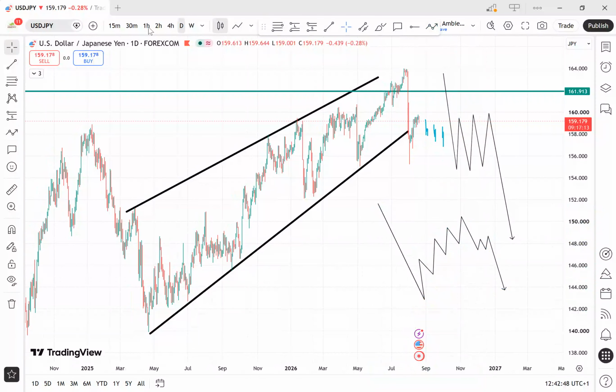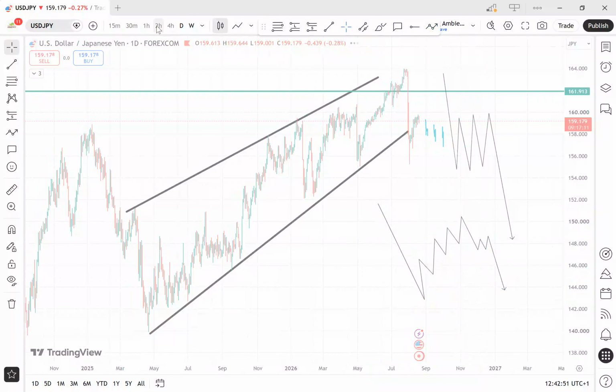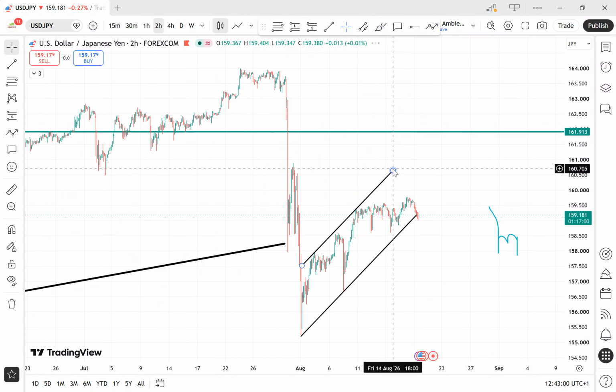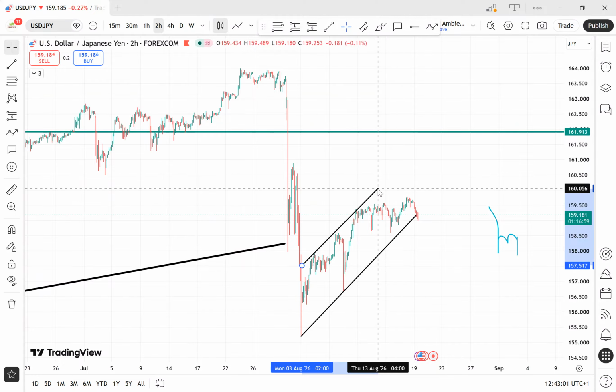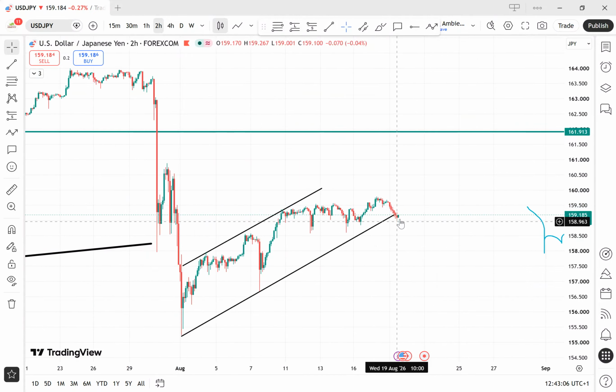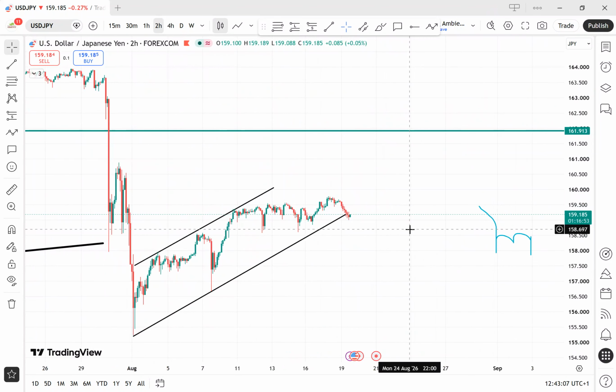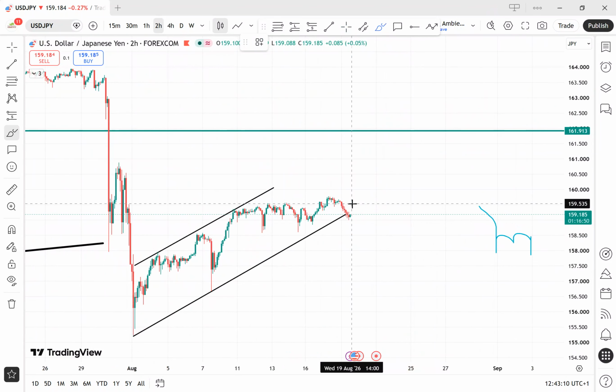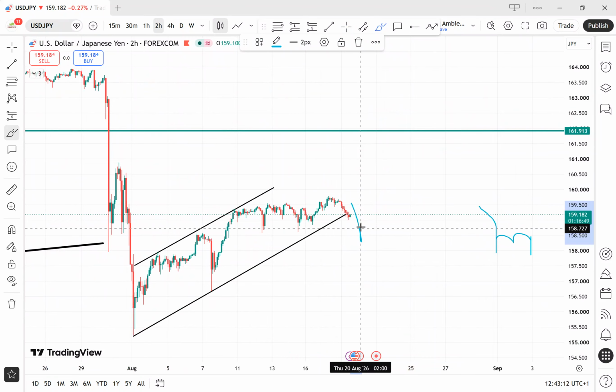Going down to the mid time frame to see what's happening there. On the mid time frame, the price is developing into that second structure that I just drew there. So looking at this now, I'm waiting to see if we have a bearish impulse out, then have a continuation structure like this.